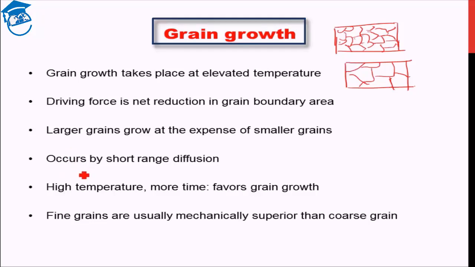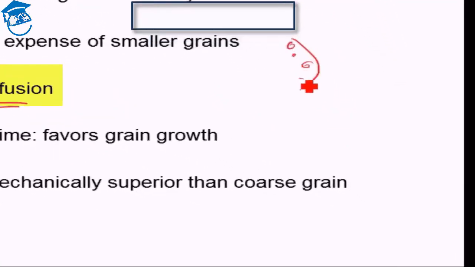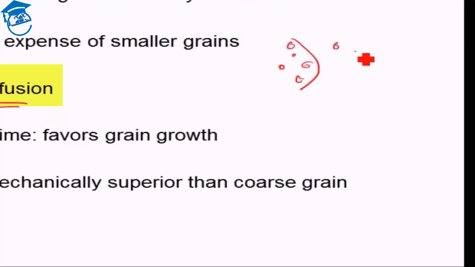Okay. How does the grain growth happen? Grain growth happens by short range diffusion processes. So if you have a grain here with atoms all around here and another grain here with atoms all around here, this grain boundary will start to move this way, atoms move the other way, and by this atomic diffusion the grain boundary is moving further out and the grain size is increasing.